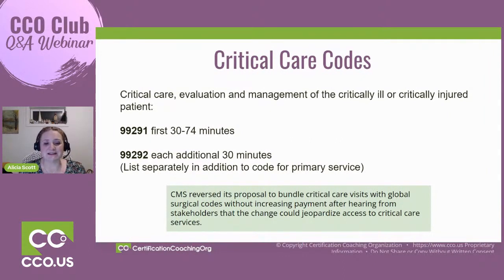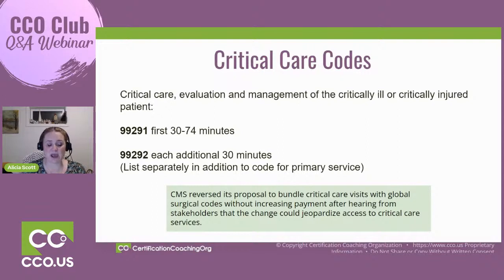Now, what is the critical care code we're talking about? This is evaluation and management for critically ill or critically injured patients. The 99291 will cover the first 30 to 74 minutes. And then in addition, each additional 30 minutes would be listed on top of that.